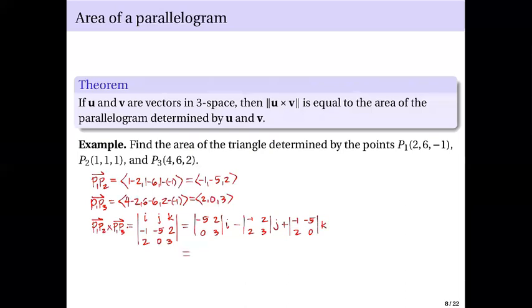And this is negative 15 I, minus quantity negative 3 minus 4, J, plus 0 minus negative 10, K. And this is equal to the vector negative 15, here you have positive 7, and here you have positive 10.